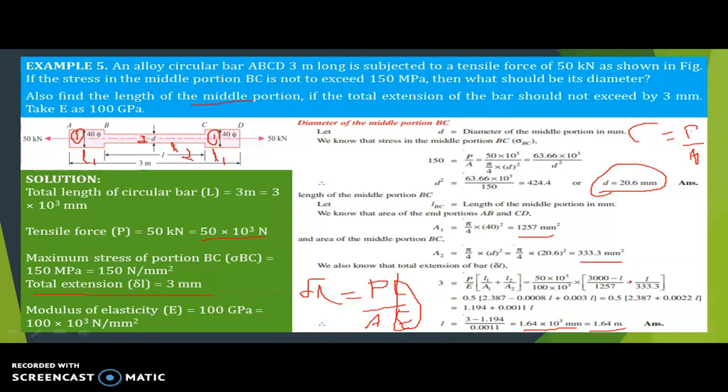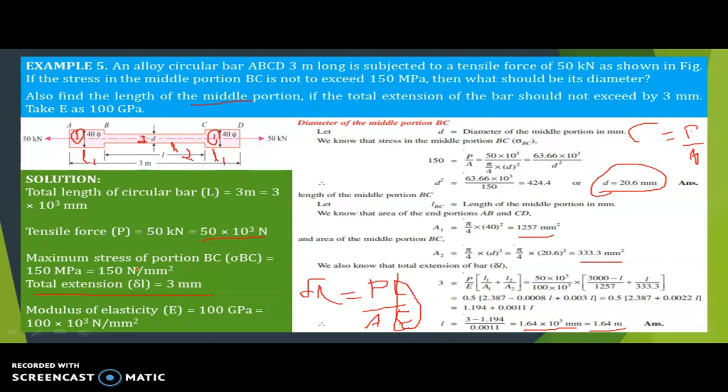While considering L1, you want this distance, right? L1 means this and this distance. How will you get it? Consider the total distance, that is 3000, minus the middle portion. So that is 3000 minus L, divided by 1257, it is not 12.57, it is 1257.